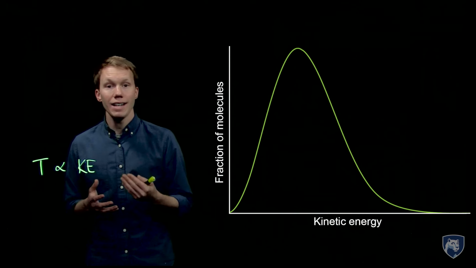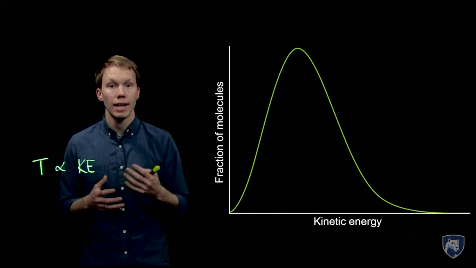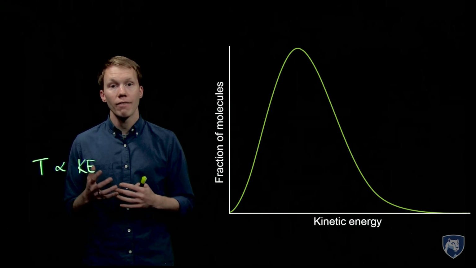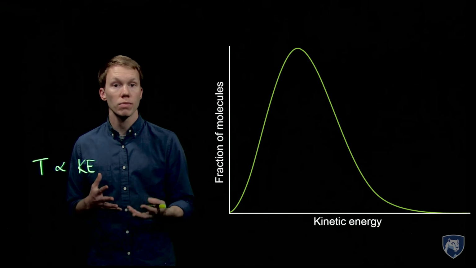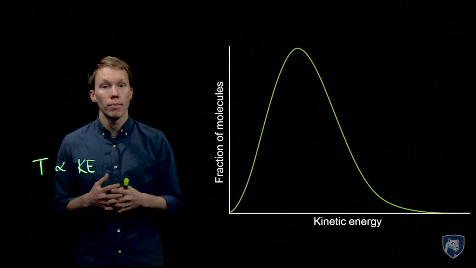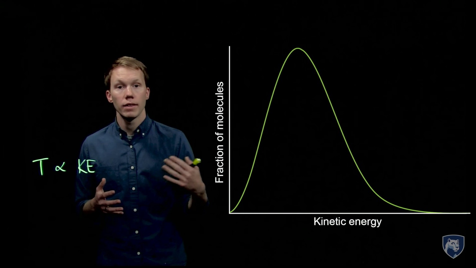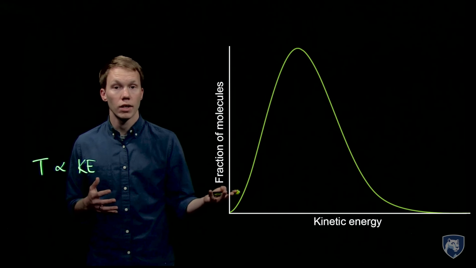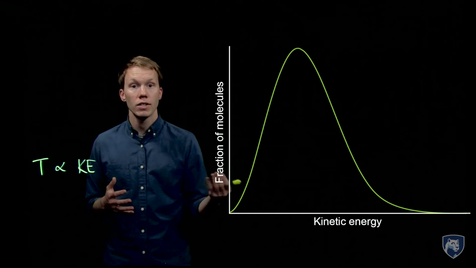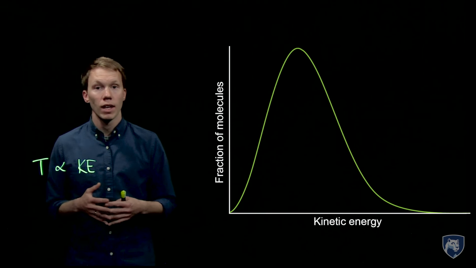So let's say this is at room temperature. At room temperature, we have a large fraction having somewhat small kinetic energy. But there is a spectrum here, right? There are some molecules, a small amount of molecules that have high kinetic energy.